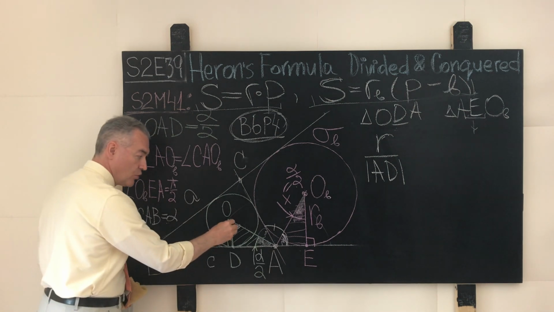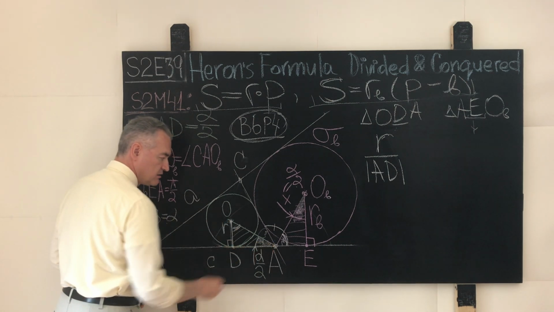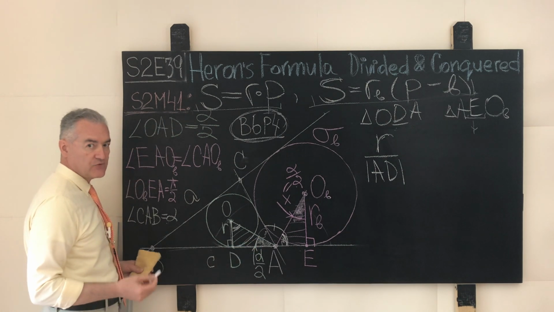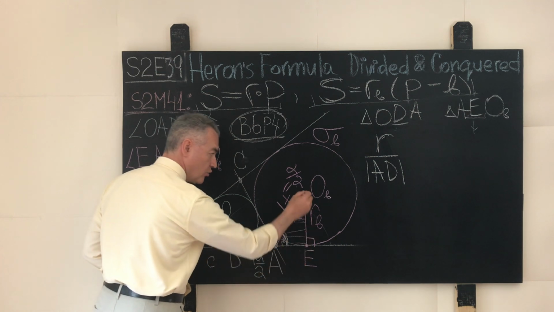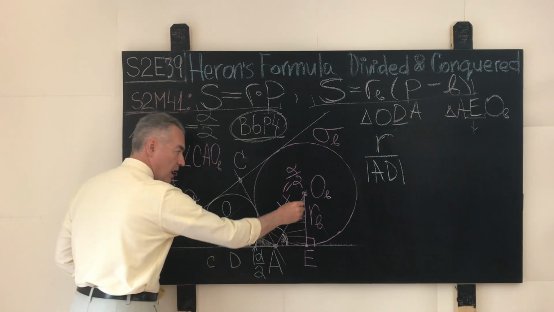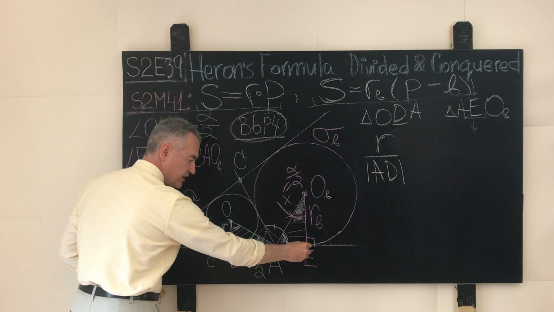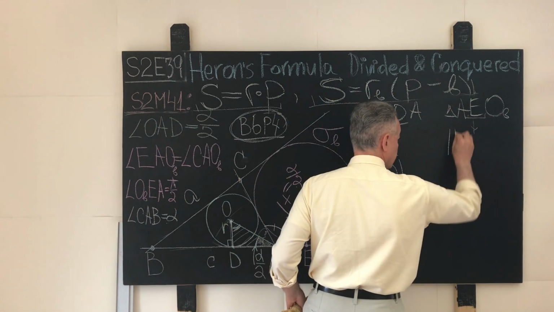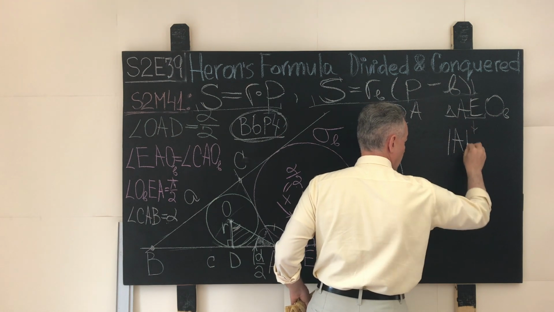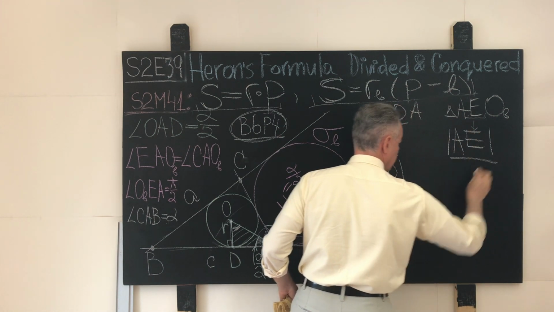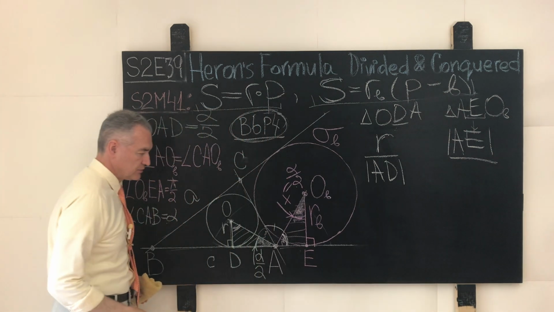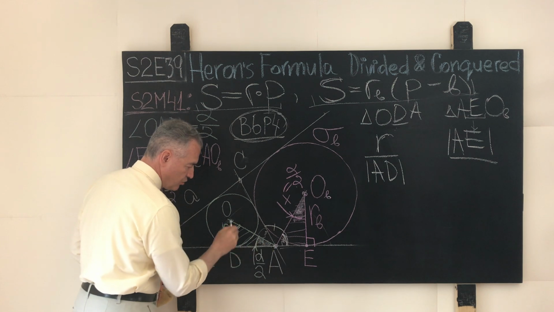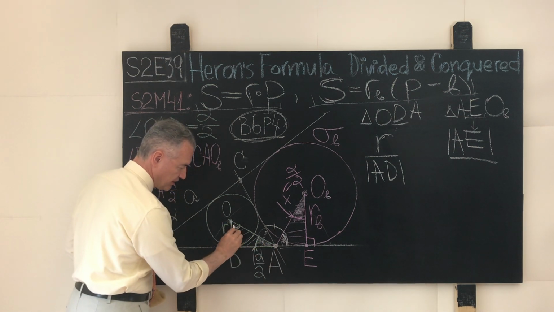Well, the side OD in the triangle ODA lies opposite to which angle? Alpha over 2. Where is the angle alpha over 2 in the triangle AEOB? Is this guy right here. So opposite this angle lies which side? Side AE. So we write down the distance between the points A and E is in the same proportion to what? The side DA in the triangle ODA lies opposite to this angle right here.